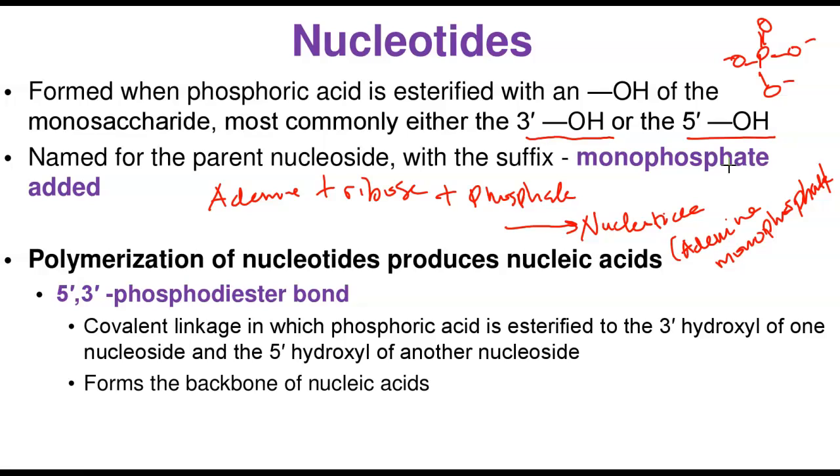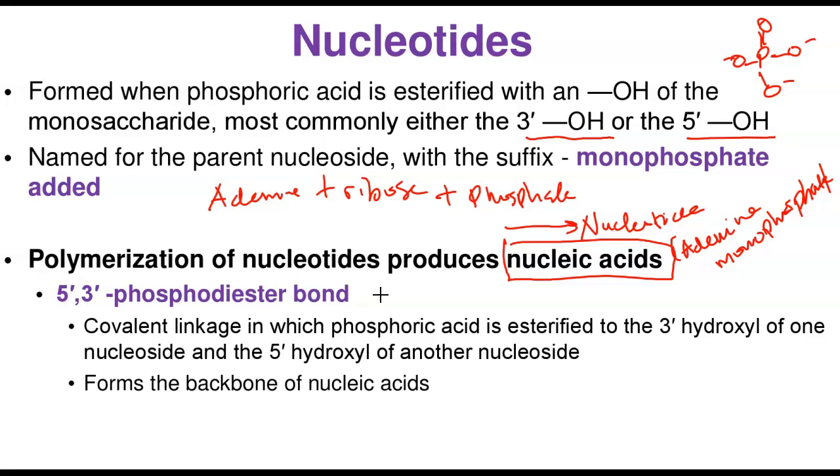Now, the polymerization of these single nucleotides into a large molecule is what we refer to as a polynucleotide. If an adenine monophosphate polymerizes and keeps forming repeating units of itself, joined together by phosphodiester bonds, which are covalent bonds, forming a long chain, we have a polynucleotide. So a polynucleotide is simply formed from the polymerization of nucleotides.